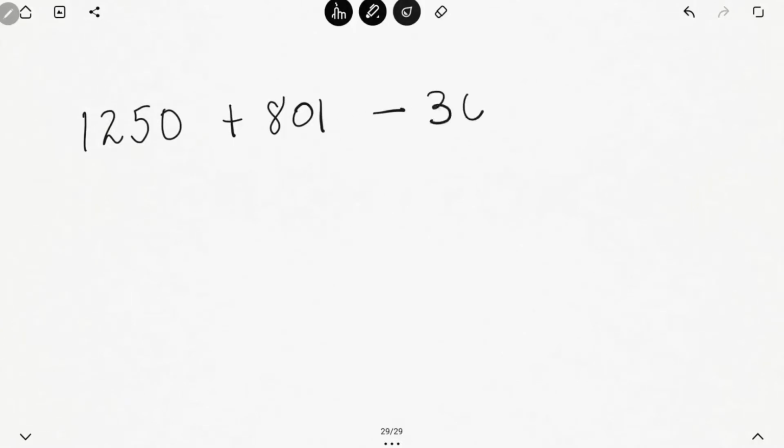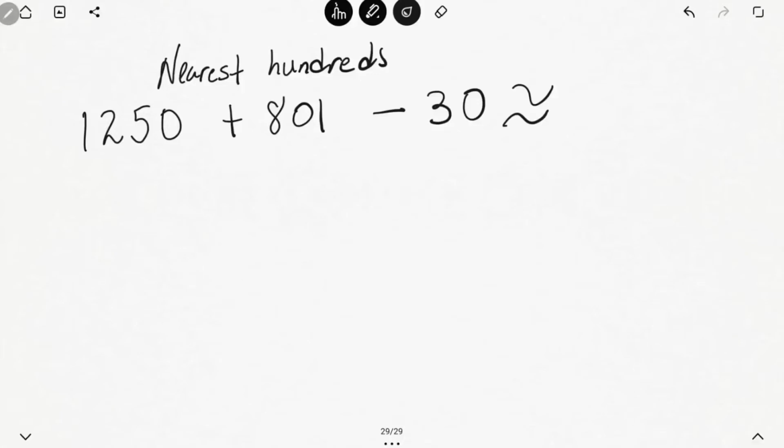All right, let's look at one more question. Let's say that we had 1,250 plus 801 minus 30. All right, and again, we are rounding to the nearest hundreds. Again, we're staying consistent. Every number is being rounded to the nearest hundreds. So let's look at what we have here.